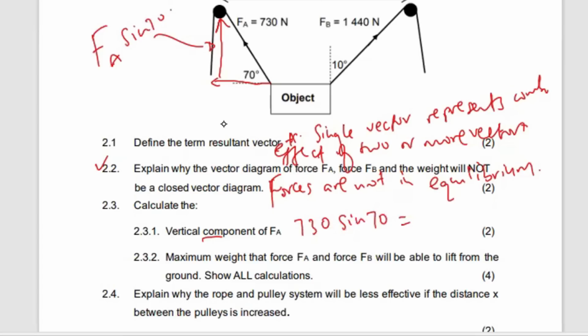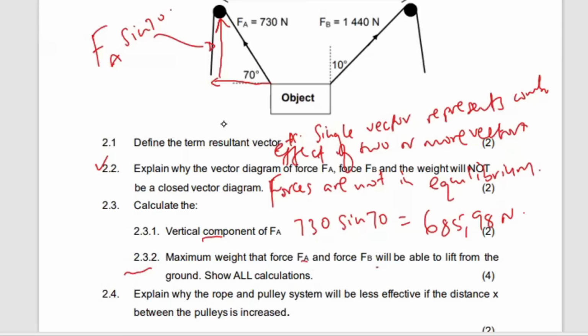If I punch that into my calculator, I'm getting 685.98 newtons.